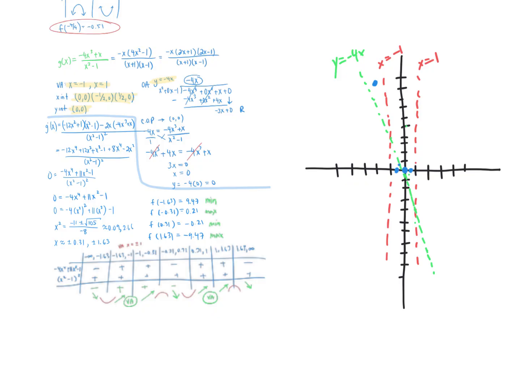So maybe something like that. And then 0.31, comma 0.2, so maybe something like that. So maybe it's doing kind of a squiggle there. And there's that crossover at the x-intercept. And then 1.63, comma negative 9.47, so something like that. Actually, I should probably extend the asymptotes.